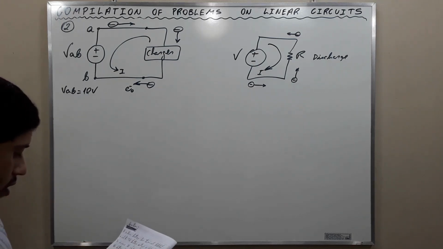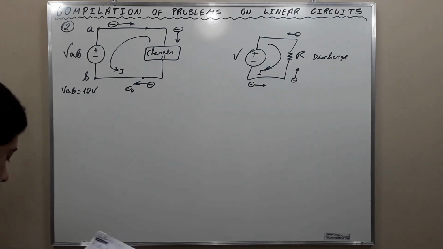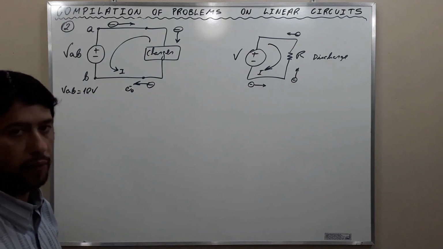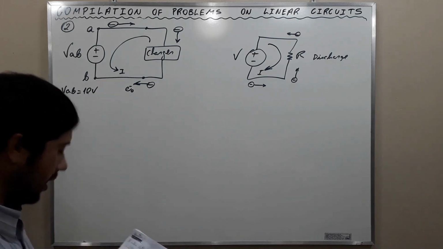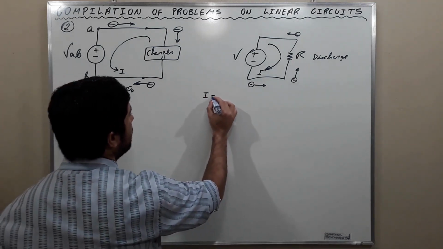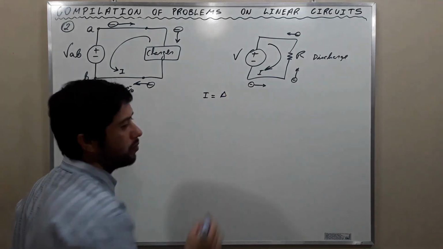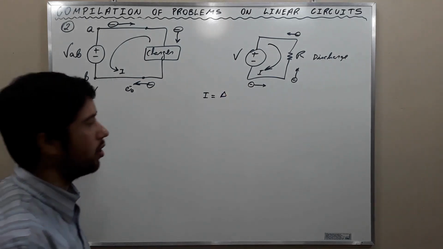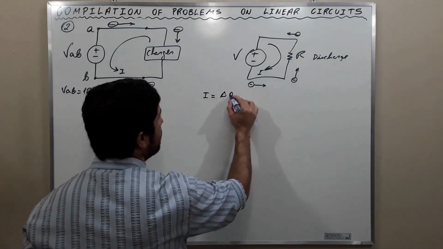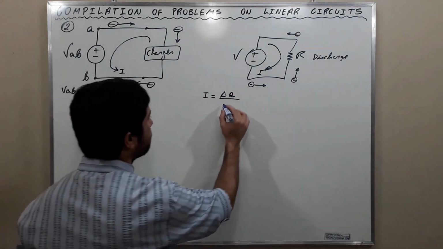But before using the formula, let's understand how it originates. We are going to come up with the formula that we are going to use. By definition, current is equal to the division between the flow of charge by time.